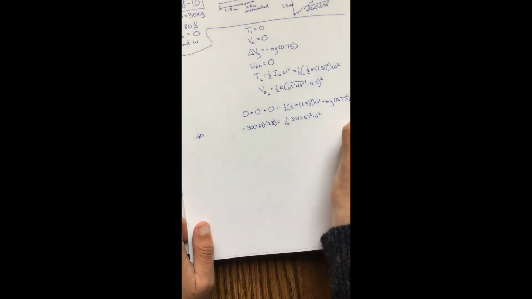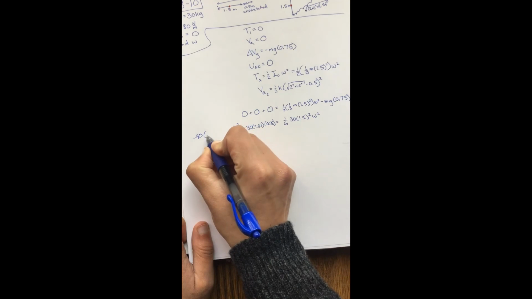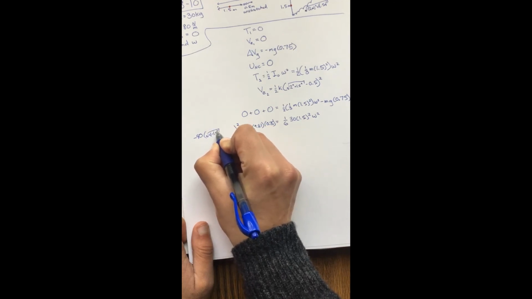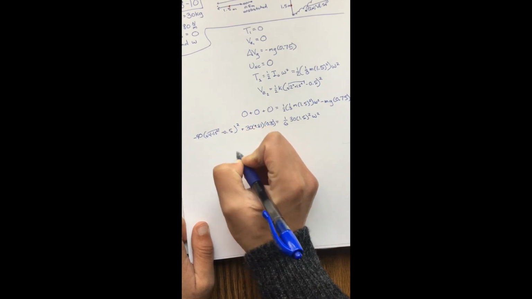So that's 1/2 k times this, which is the square root of 4 plus 1.5 squared, minus 0.5, squared.